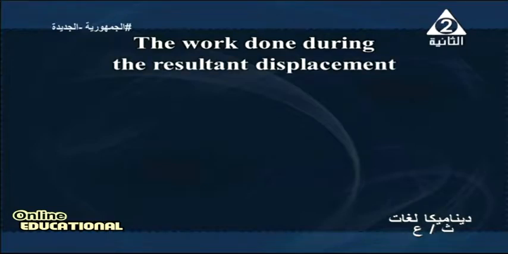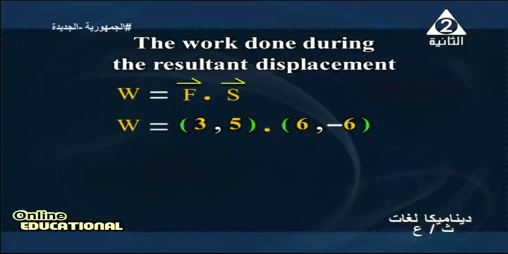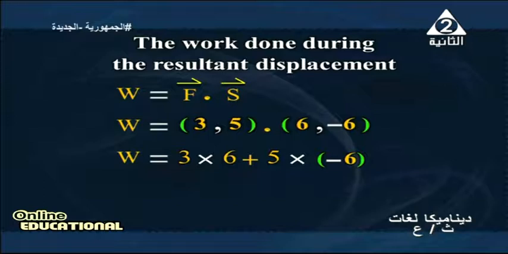W equals F dot S, vector F dot vector S. Vector F, the force acting on the body, (3, 5) dot the displacement AC, which is (6, negative 6). Then W equals 6 multiplied by 3 plus 5 multiplied by negative 6.